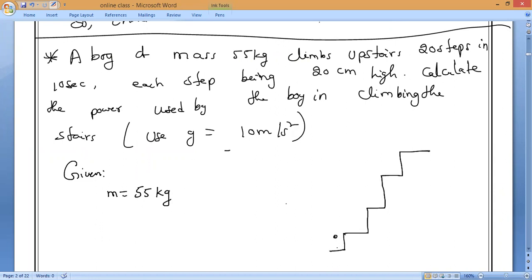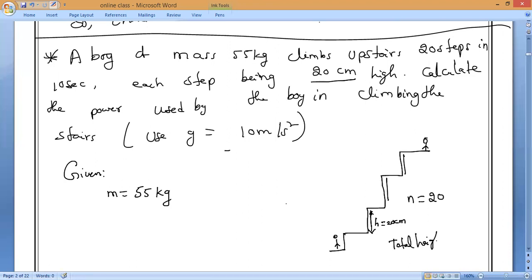The boy starts from here and reaches here. Total number of steps is 20. What is the height of each step? Each step is h equals 20 centimeters. So totally 20 steps are there. So what will the total height come to?